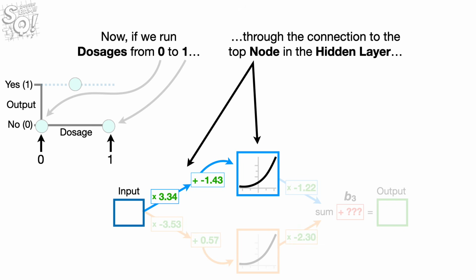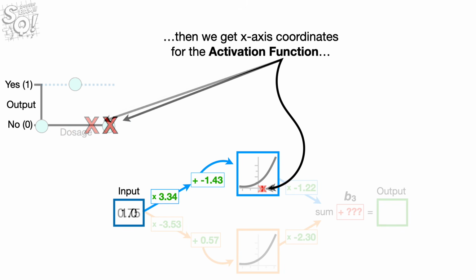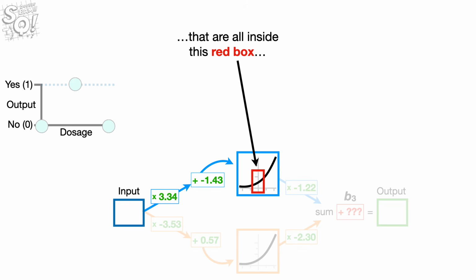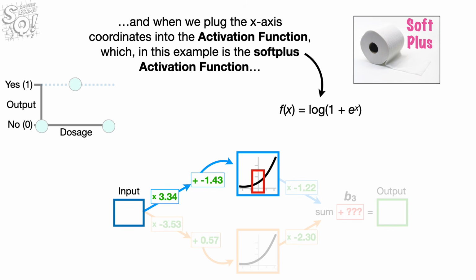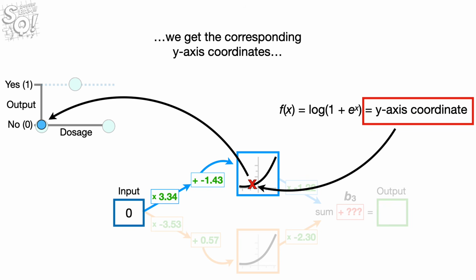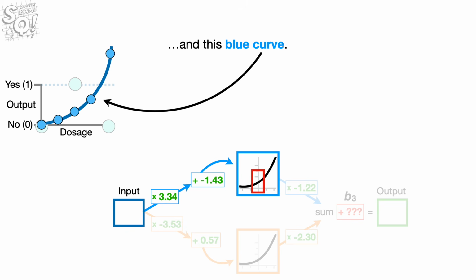Now, if we run dosages from 0 to 1 through the connection to the top node in the hidden layer, then we get the x-axis coordinates for the activation function that are all inside this red box. And when we plug the x-axis coordinates into the activation function, which, in this example, is the soft plus activation function, we get the corresponding y-axis coordinates and this blue curve.